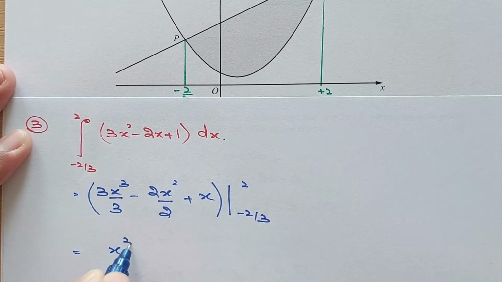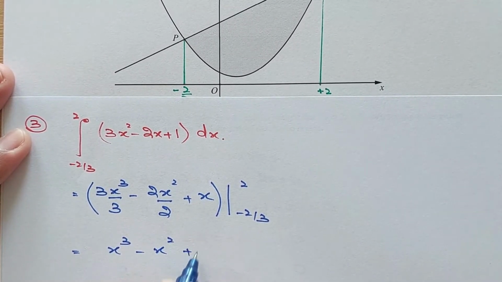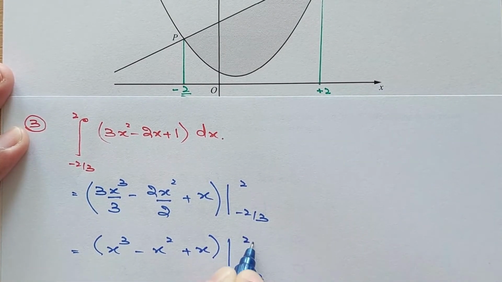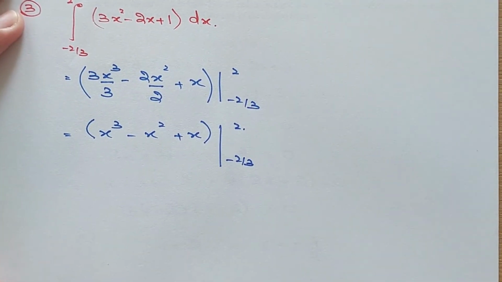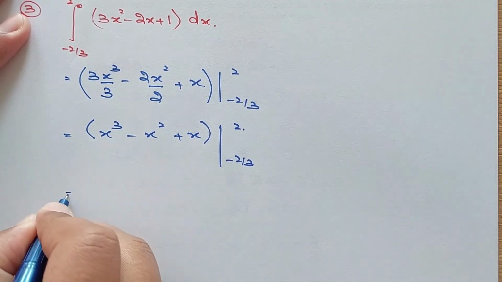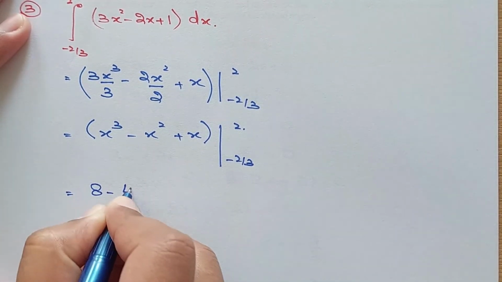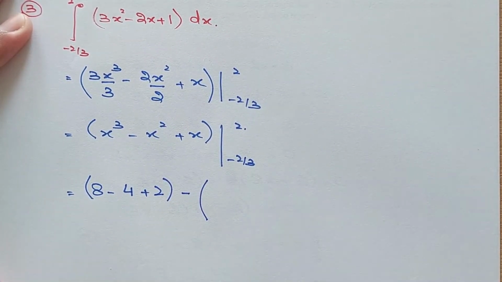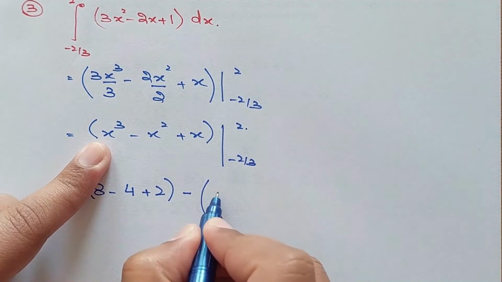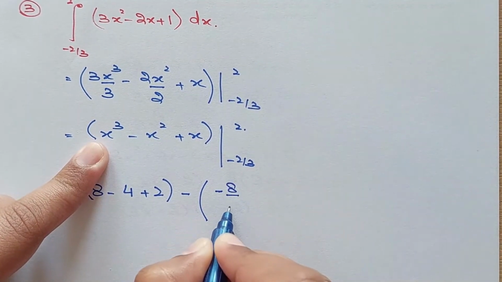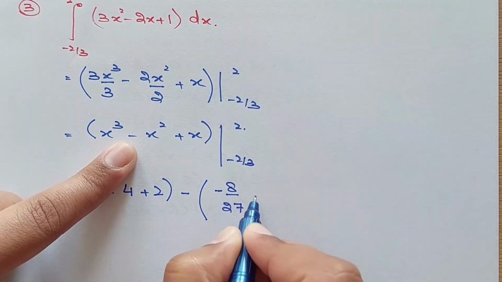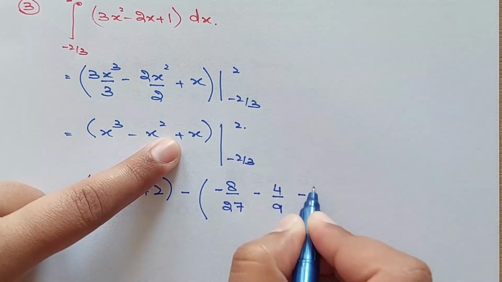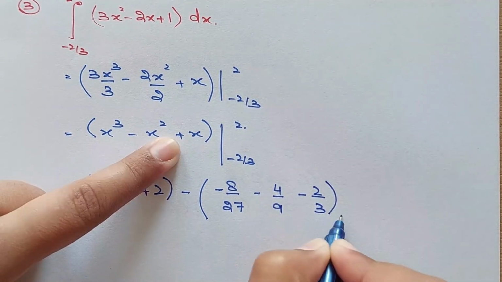Simplify, x cube minus x square plus x, minus 2 by 3 to 2, right? Now substituting the limits, starting with upper limits, that is 2 cube is 8 minus 2 square is 4 plus 2, this is upper limit, minus the lower limit is minus 2 cube is minus 8 over 27, minus 2 square is 4 over 9, and this is minus 2 by 3, right?